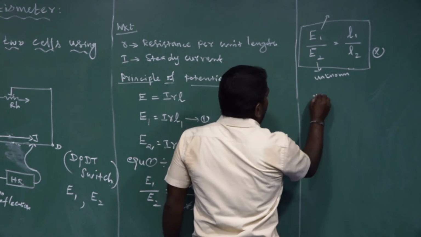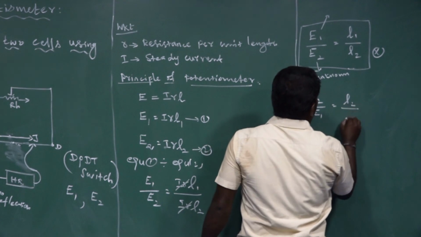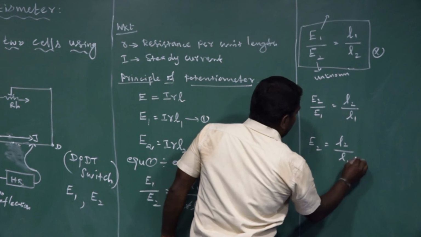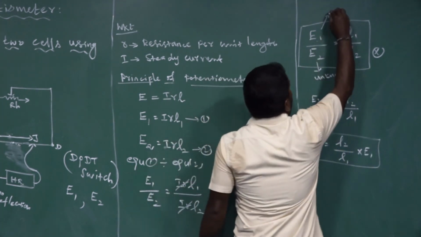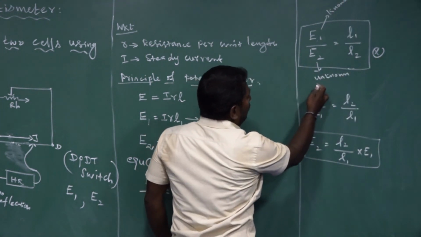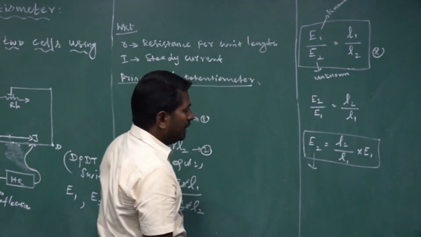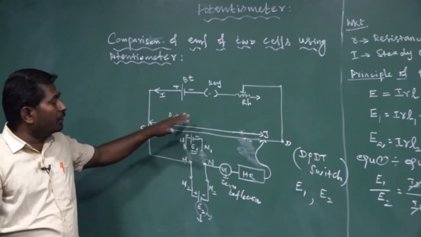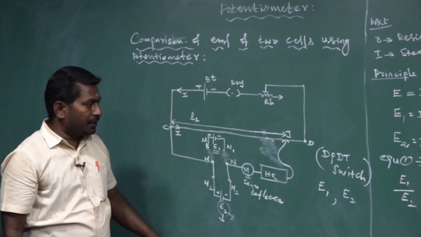Therefore E2 divided by E1 is equal to L2 divided by L1, so E2 is equal to L2 divided by L1 times E1. E1 is the known EMF and E2 is the unknown EMF. By rearranging this expression, we can calculate the unknown EMF of the primary cell using this potentiometer. So one of the applications of the potentiometer is to compare the EMF of two given primary cells.